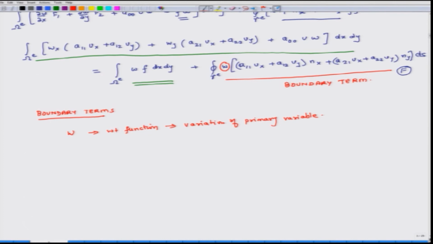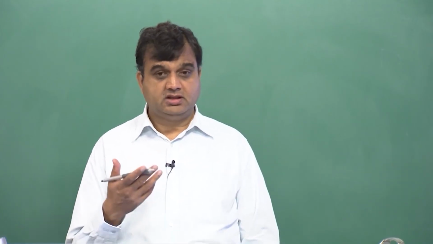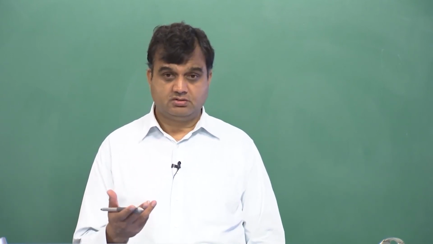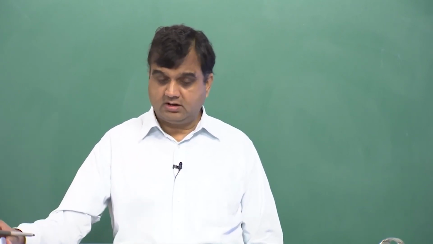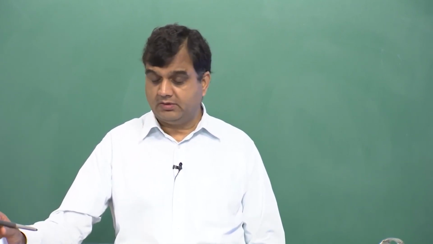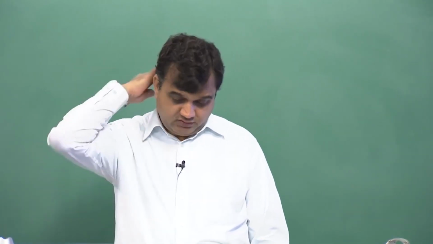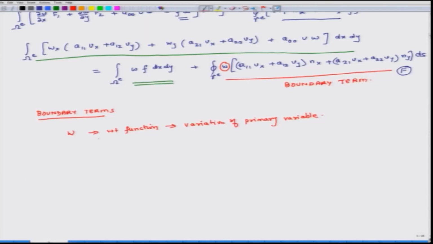So, if the primary variable is known on the boundary, then the variation is 0. If at any point the value is known, then it cannot vary, so the variation will be 0.